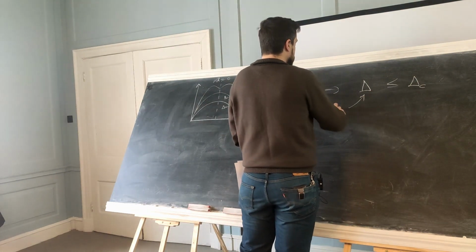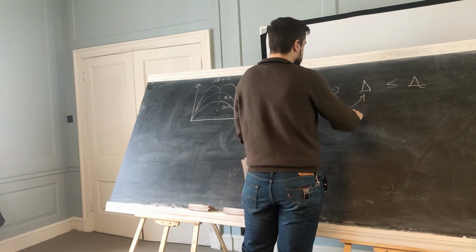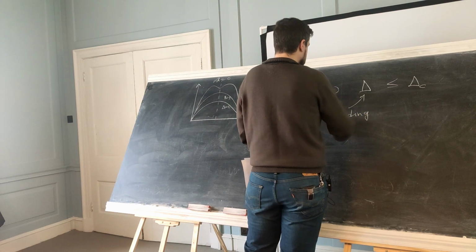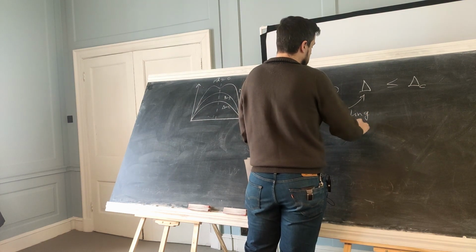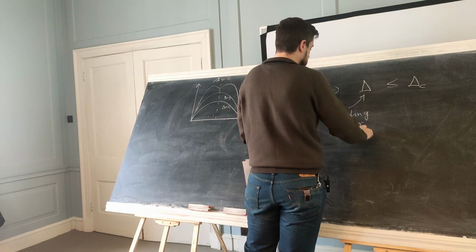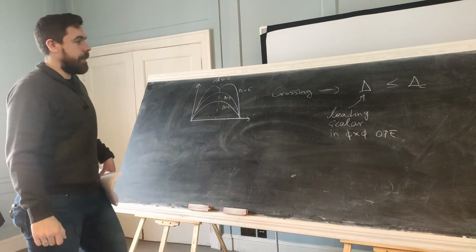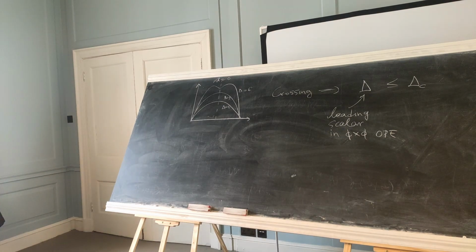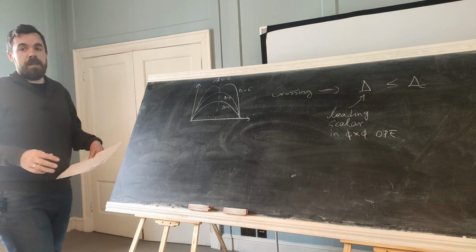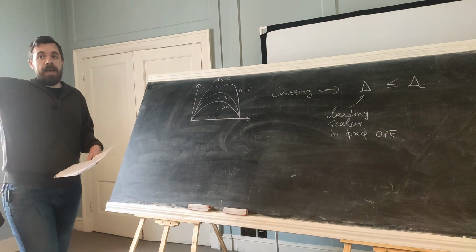So, this is the dimension of the leading scalar in the phi OPE. Okay? So even if you do have scalar operators in the CFT, they can't all have too high a dimension.